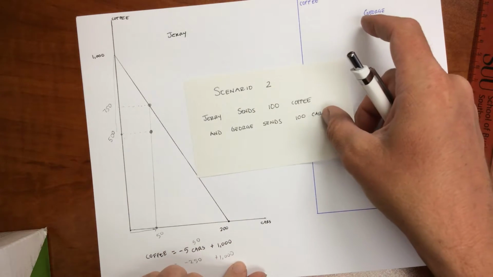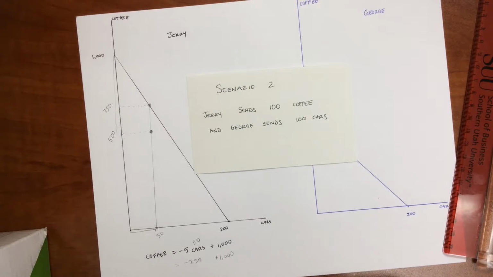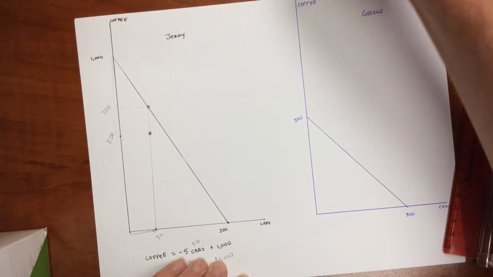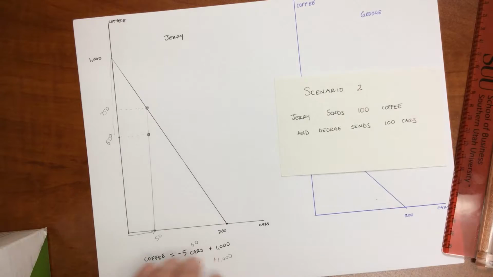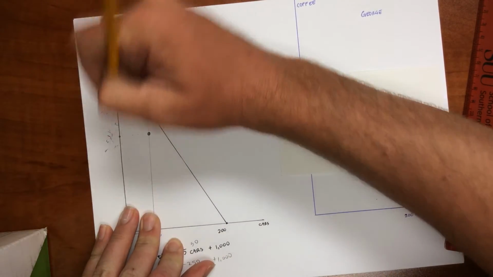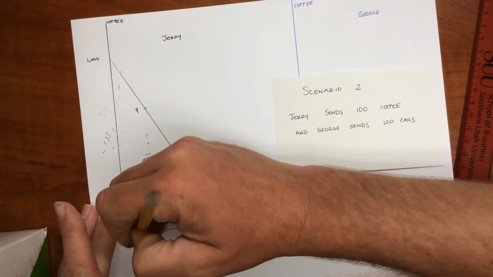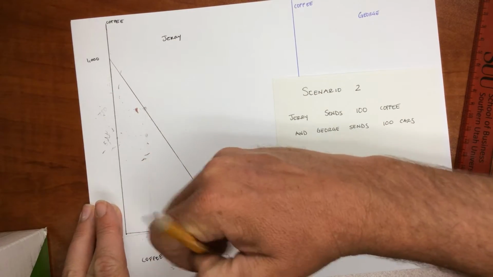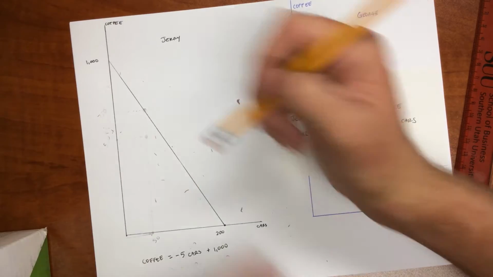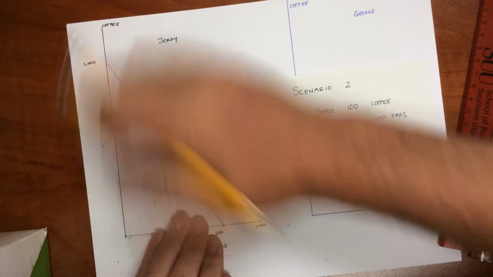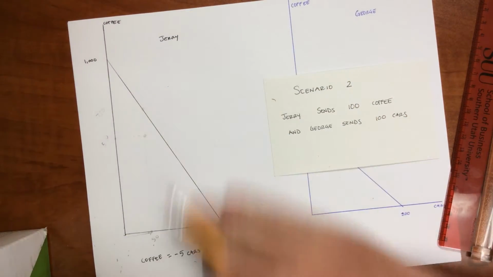Scenario 2 says Jerry sends 100 cups of coffee to George, and George sends Jerry 100 cars in return. Sounds good. So let's see what Jerry's going to do. Okay, so I'm going to try to erase these lines real quick. Okay, so let's see what would happen.